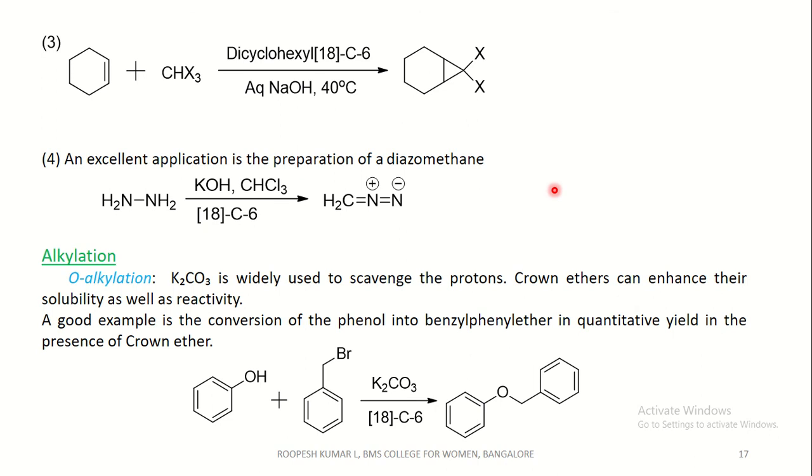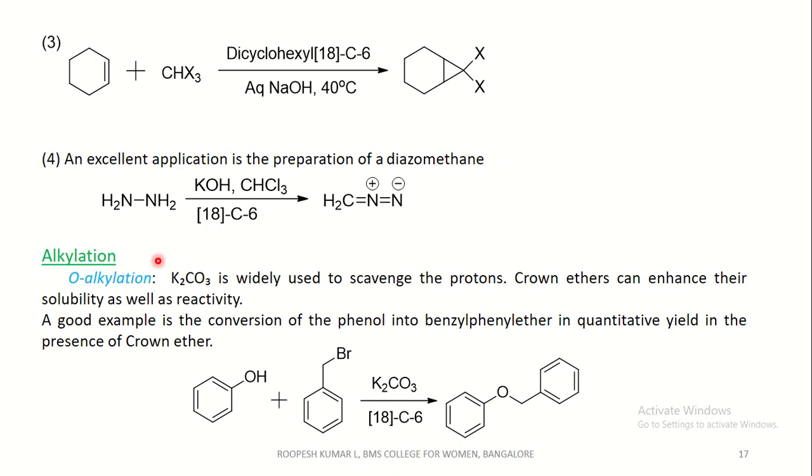An excellent application is the preparation of diazomethane from hydrazine. This hydrazine reacts with the carbene generated using KOH and chloroform in the presence of 18-crown-6 to form diazomethane, which is a very good compound for so many reactions.